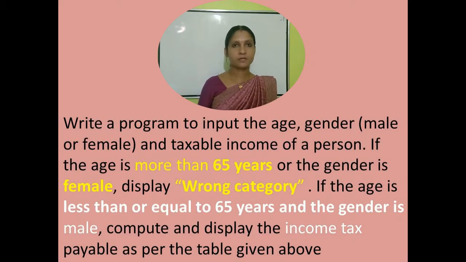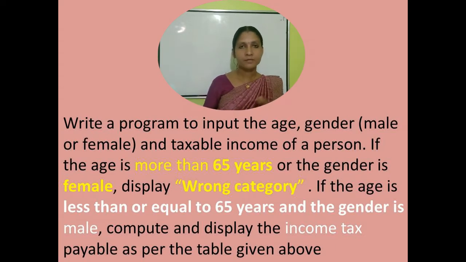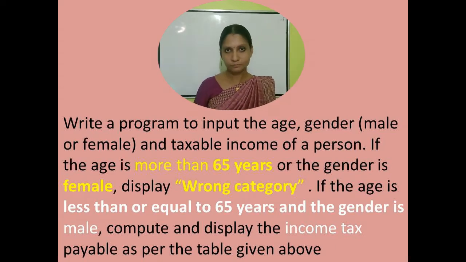In this question, first, what are the variables you have to read? First one, taxable income, the income of that person. Then the age of that person and the gender. If the gender is female, no need to proceed again. If the age is greater than 65 also, no need to proceed with the problem. Then you can give the message wrong category.